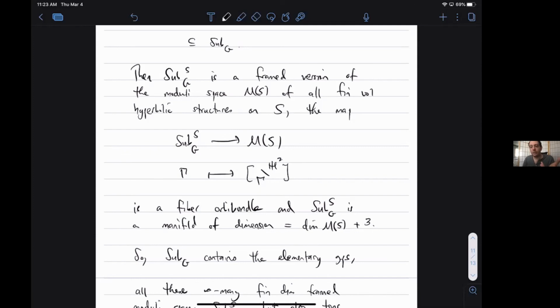But the reason why the fibers are 3-dimensional is, what are the fibers here? I fix a hyperbolic surface or orbifold, and then I look at the space of all the different frames that I can pick for that orbifold. If I'm looking at a 2-dimensional orbifold, say a hyperbolic surface, then how do you make a frame?